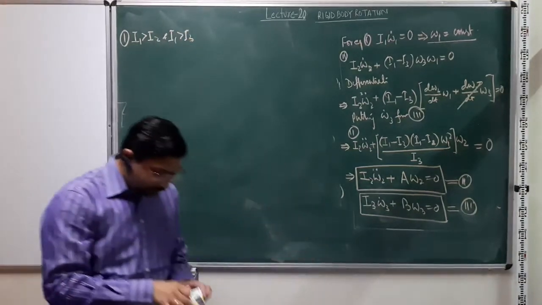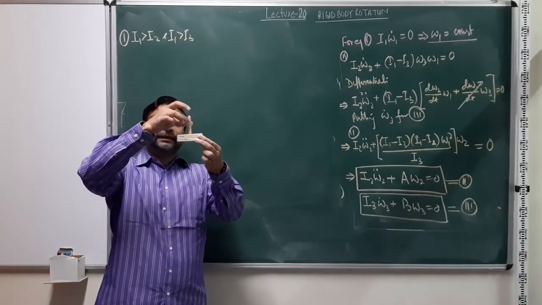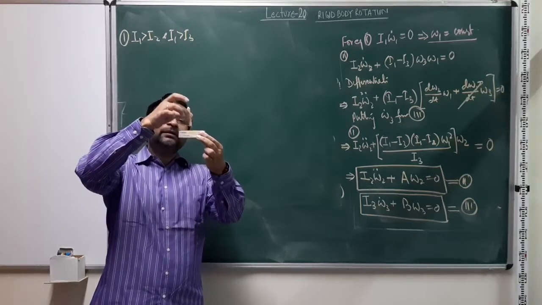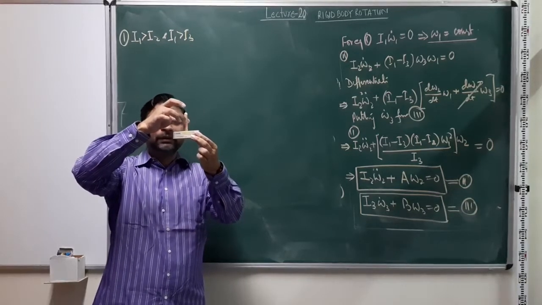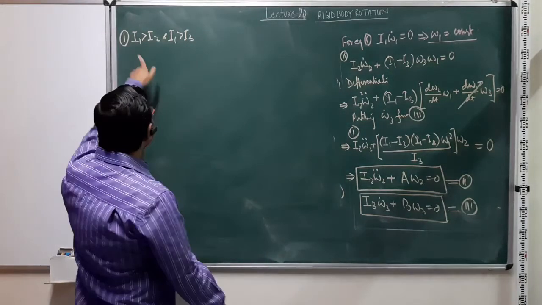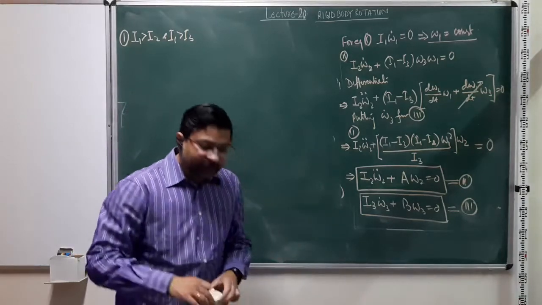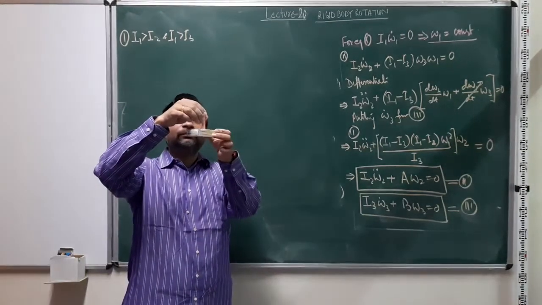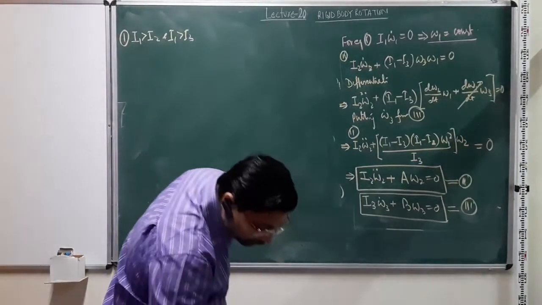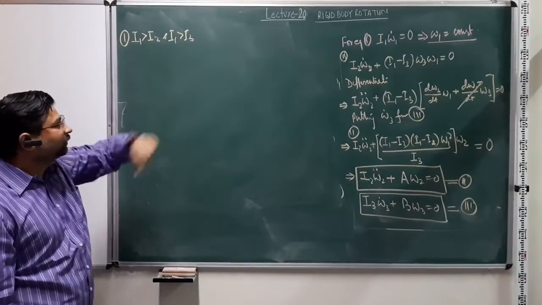So what that means is, for our system, this box, if this axis is taken as the principal axis 1, then the moment of inertia about this axis is maximum, and it's more than the moment of inertia about the other two axes. So if I1 is greater than I2 and I1 is greater than I3, that means the system initially is rotating about this axis like this, and then there is some perturbation which gives it omega 2, omega 3 in the other two directions. Let us see how the system will evolve.